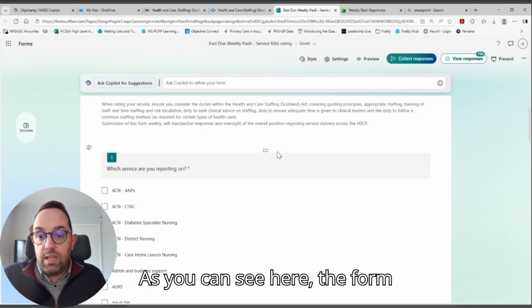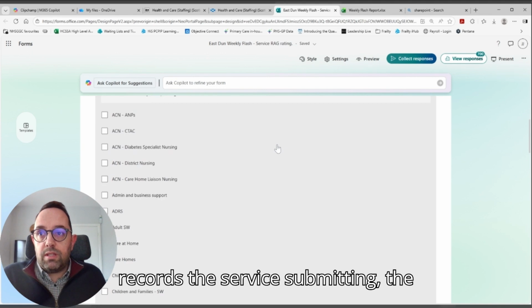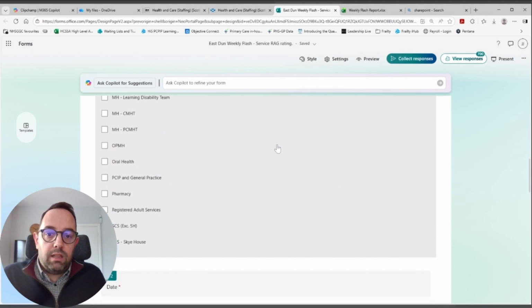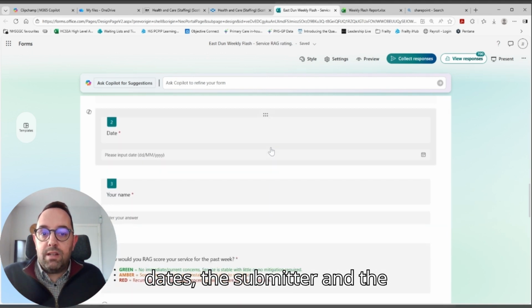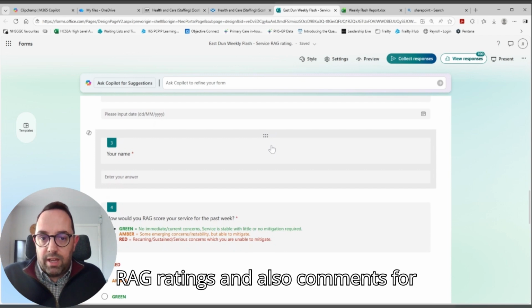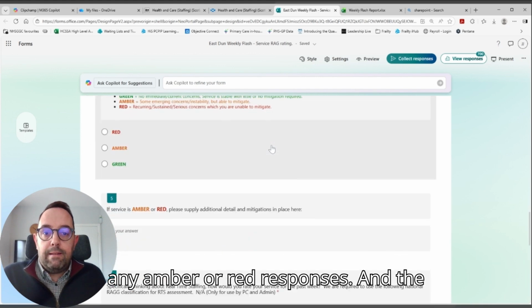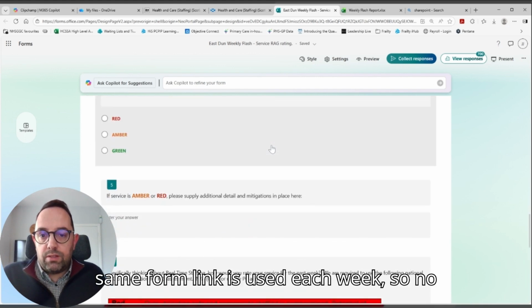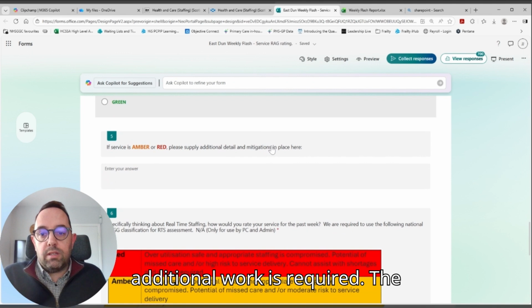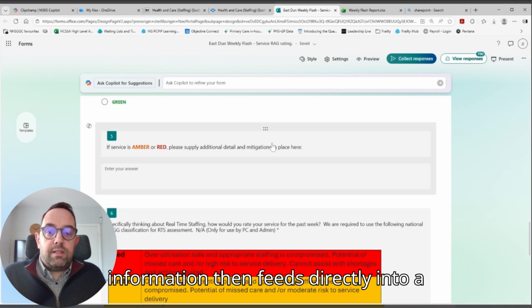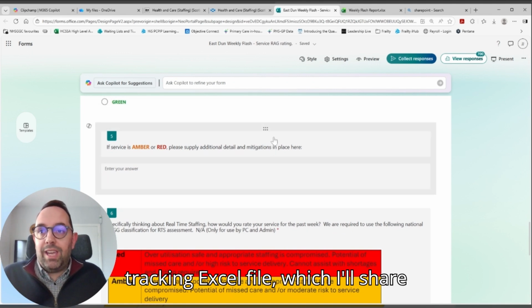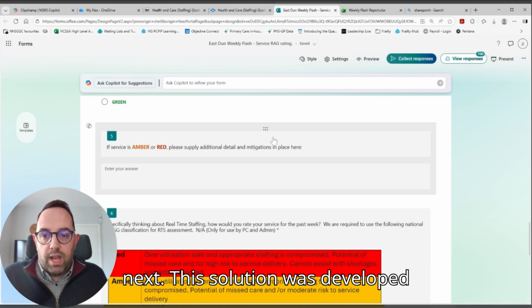As you can see here, the form records the service submitting, the date, the submitter, and the RAGG ratings, and also comments for any amber or red responses. The same form link is used each week, so no additional work is required. The information then feeds directly into a tracking Excel file, which I'll share next.